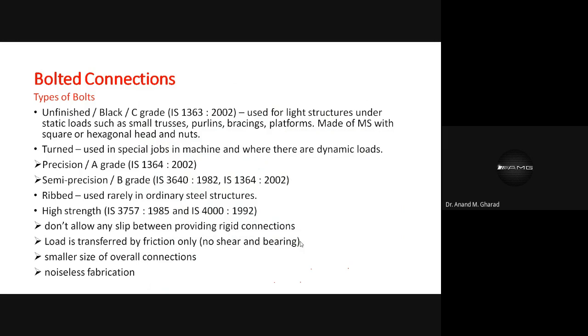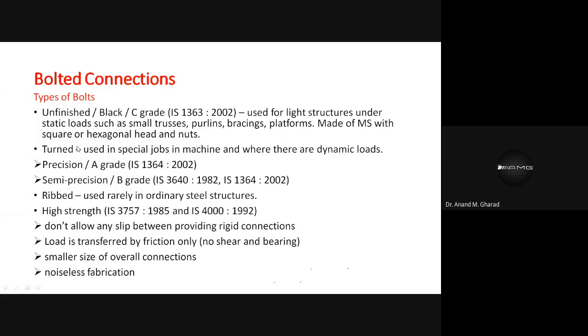It is used for light structures under static loads such as small trusses, purlins, bracings, platforms, etc. It is made up of mild steel with square or hexagonal head and nuts. So this is a general identification. How to identify black bolts? They are usually known as black bolts instead of unfinished or C grade. And how to identify them? Firstly, they are made up of mild steel with square or hexagonal head and nuts. I will let you know what this head and nuts are.